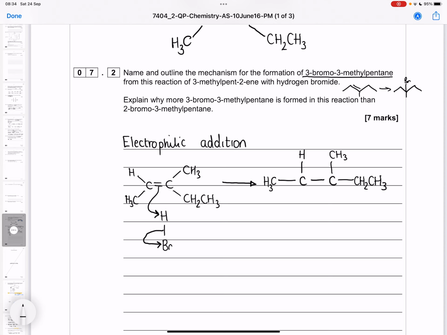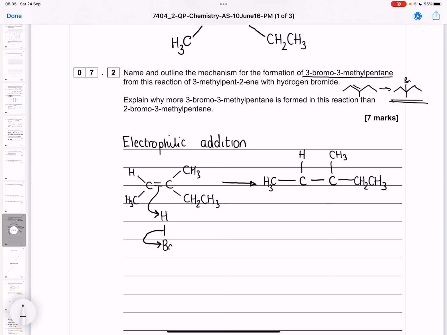Now we need to put the H that we've attacked as our electrophilic attack on the correct carbon. You can do this one of 2 ways, but I would suggest for this question, rather than trying to decide which is the most stable carbocation intermediate, just look at the product that you're trying to produce.